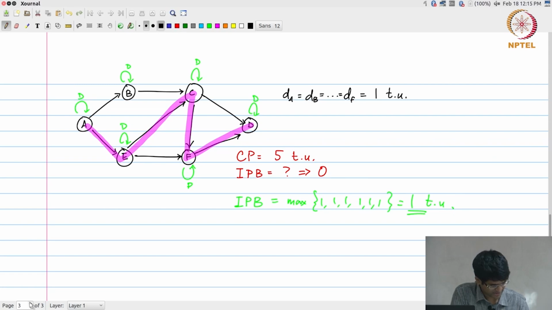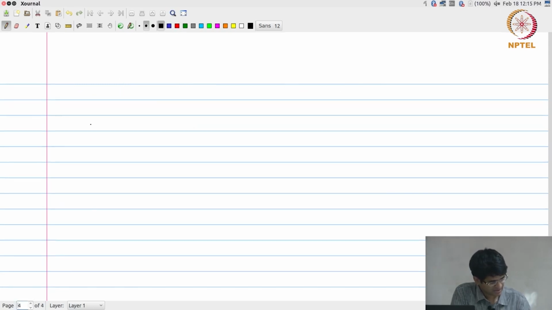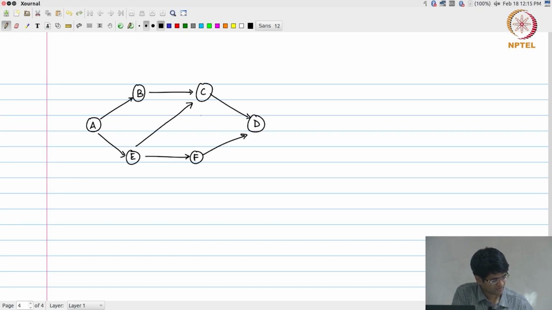Okay. So, let us just redraw this very quickly so that it becomes a bit clearer. The first thing is that the critical path, if I write down the nodes on the critical path, what are they? It is going to be A, E, C, F and D, right, for a total of 5 time units.